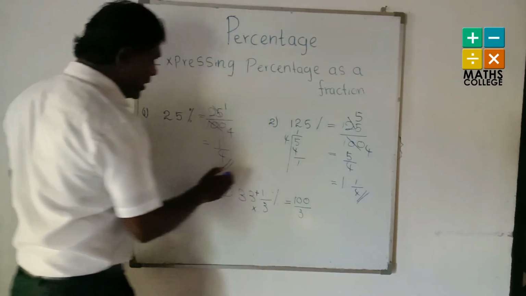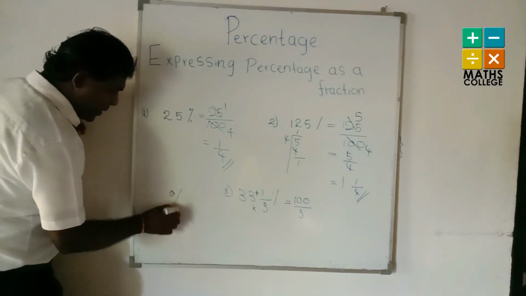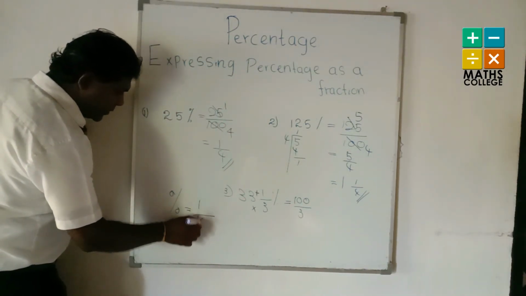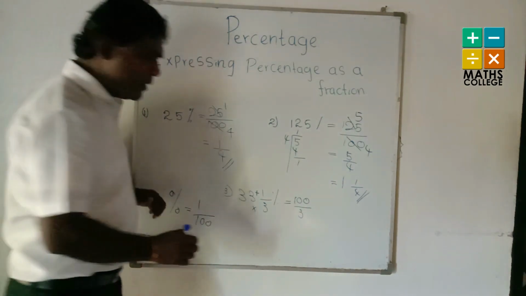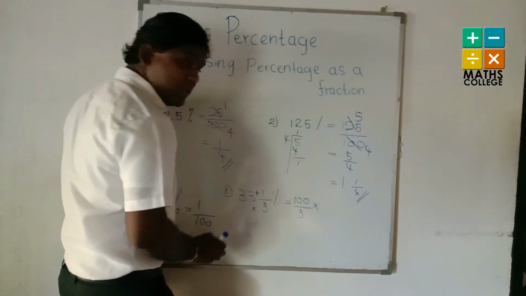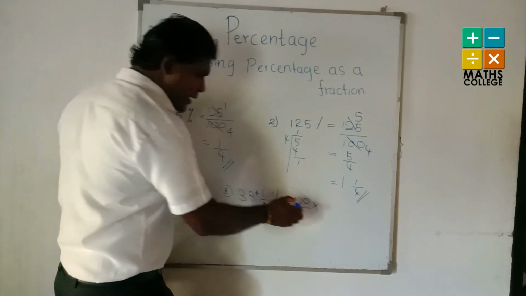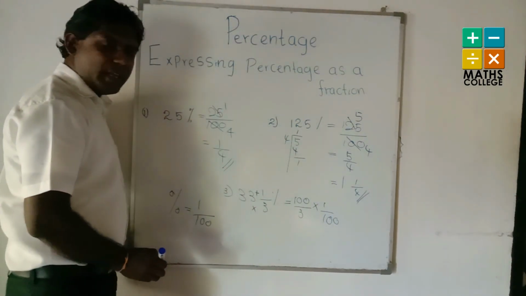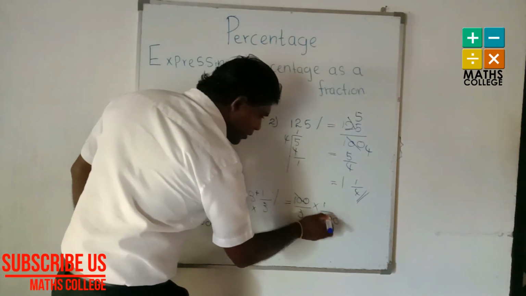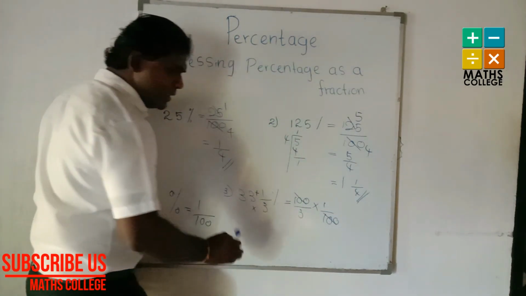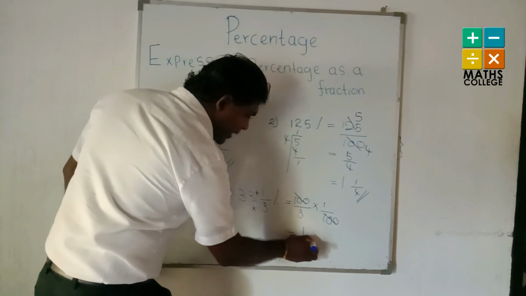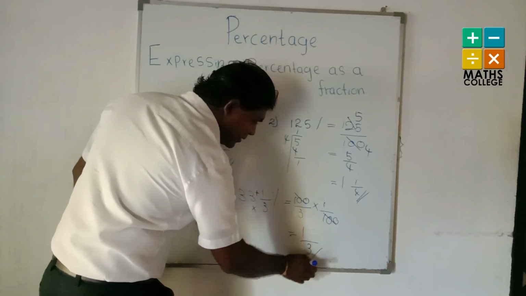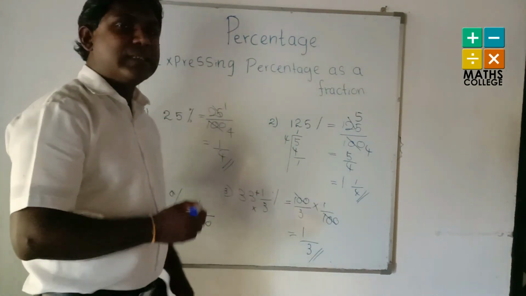This symbol meaning is 1 upon 100, because we can write here multiply for this symbol 1 upon 100. Okay, this 100 and this 100 cancel. Here numerator is 1, denominator is 3, 1/3.